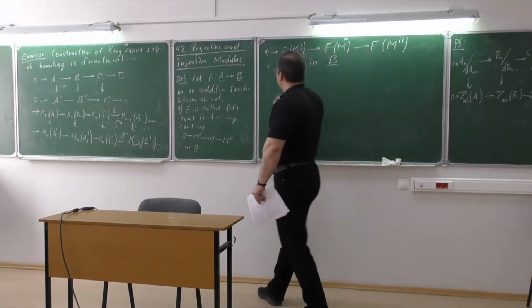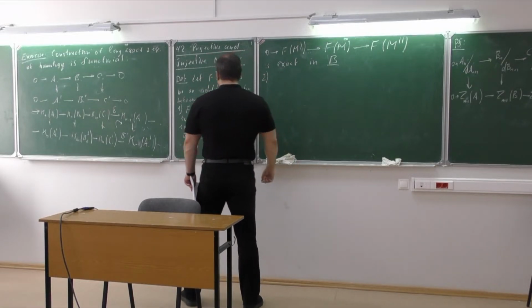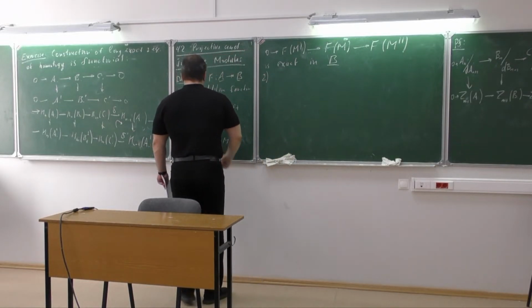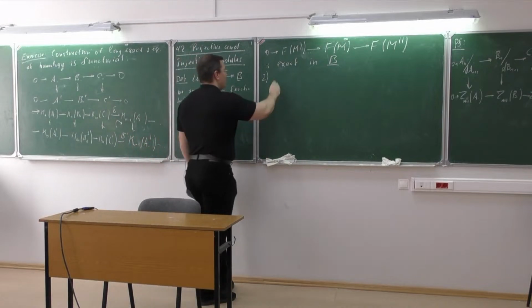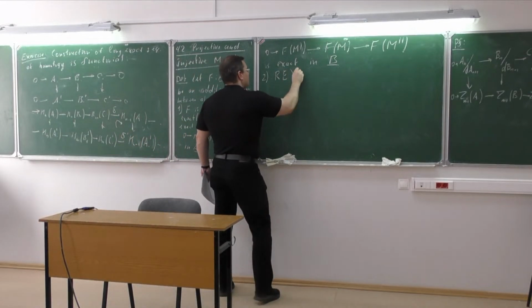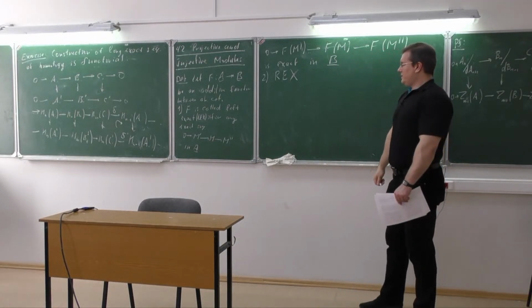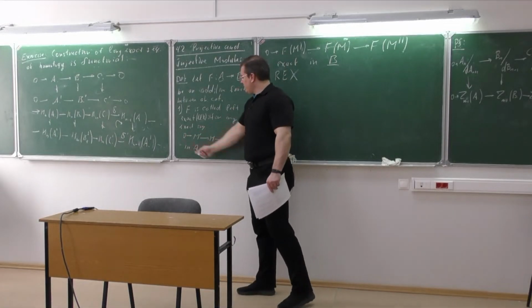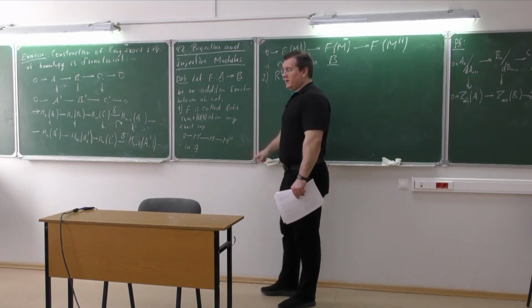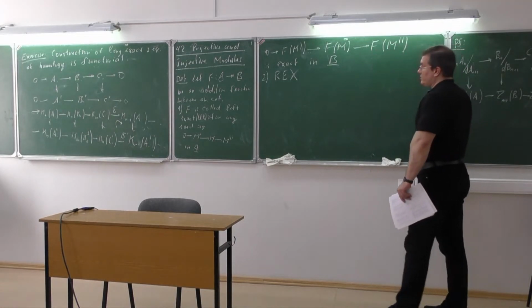Left exact functors, for shortness, I'm going to write lex. And there is a dual notion of the right exact functor. I don't want to write the definition. I think it's clear what you're supposed to do. You just, instead of writing 0 here, you write 0 here and say that exactness on the right is preserved.